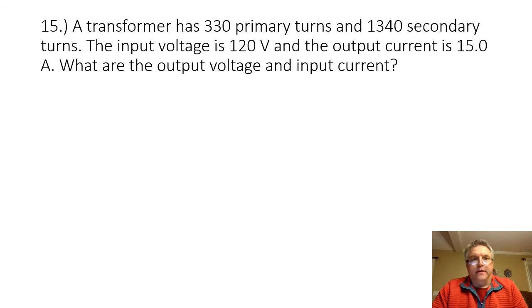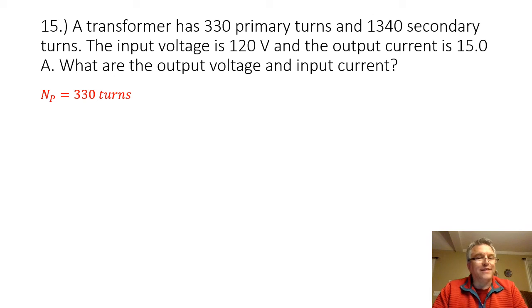Problem 15. A transformer has 330 primary turns and 1340 secondary turns. The input voltage is 120 volts and the output current is 15.0 amps. What are the output voltage and input current? I'm given the number of turns on the primary coil is 330 turns.